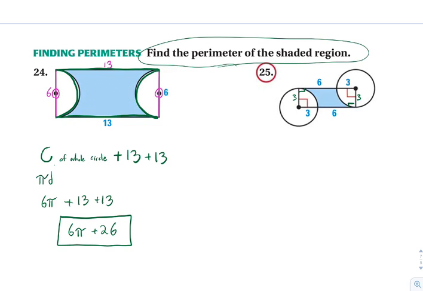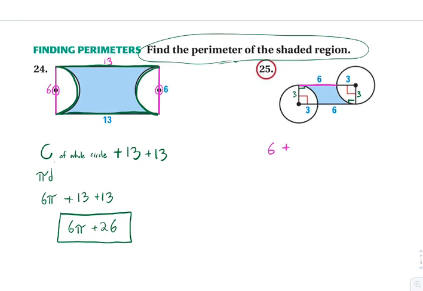Okay, so it says find the perimeter of the shaded region. So let's break it down, right? Obviously, we've got this entire top length. Oh no, we've just got the 6 length. So we've got a 6 plus a quarter of a circle, right? So we've got the 90-degree portion of the circle.